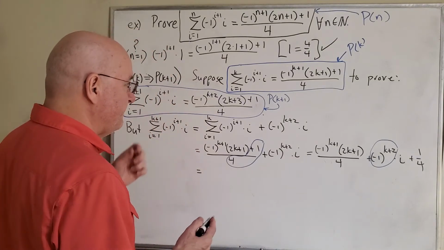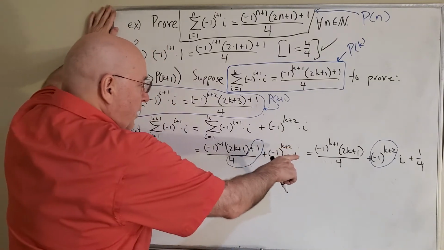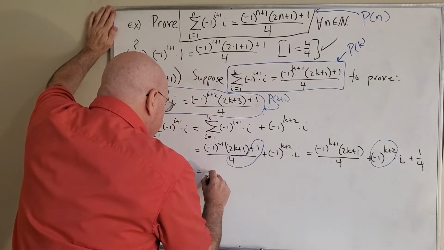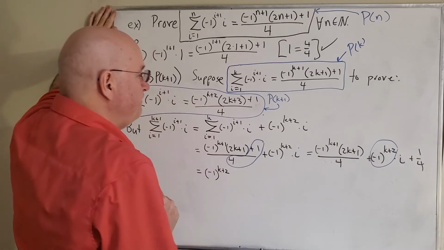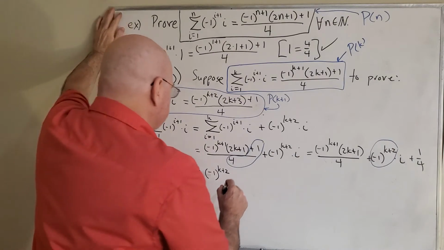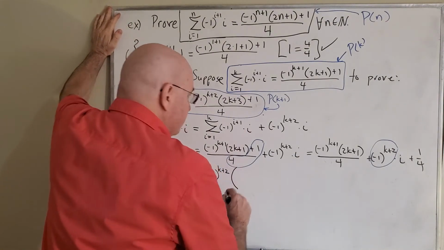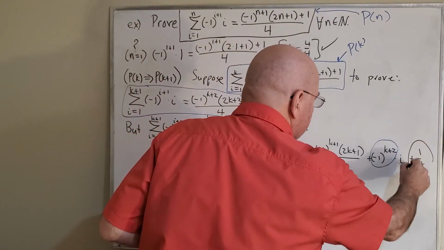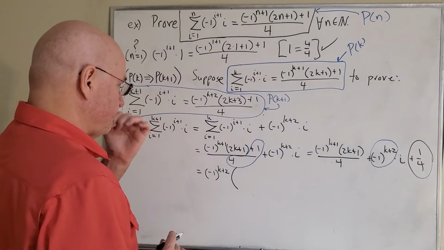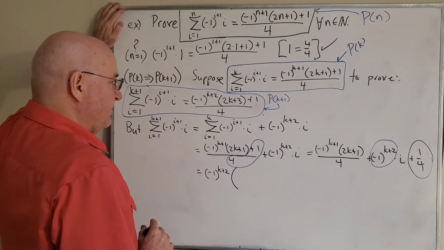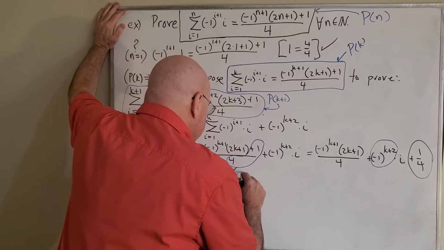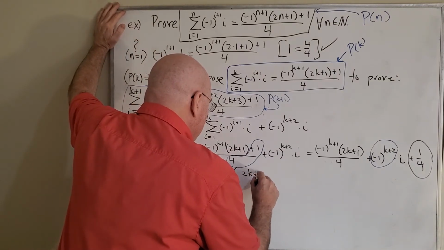So let me write it down. Okay, negative 1 to the k plus 2 is what I'm factoring out. In parentheses, I'm not factoring it out of this, of course, that stands alone. Negative 1 to the k plus 2 times 2k plus 1 over 4.